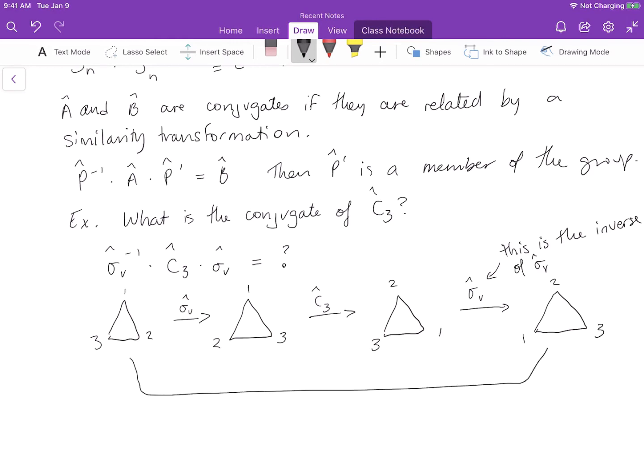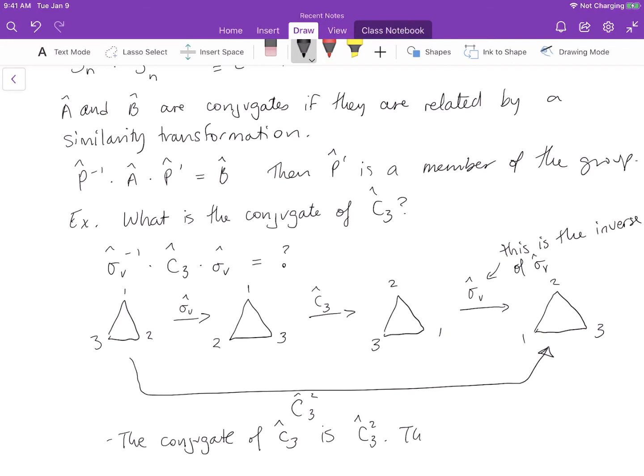And net, this would be the same as if we did C3 two times. So the conjugate of C3 is C3 twice.